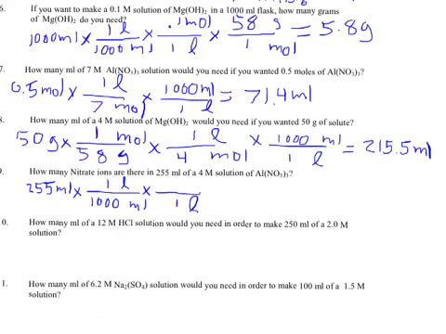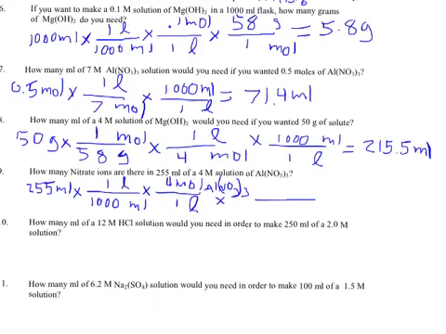1 liter of this solution contains 4 moles. That's what this tells me. I don't want moles of... now, I should point out here, at this point, what I have is moles of AlNO3. And that's not what I want. So I'm going to multiply by a fraction.